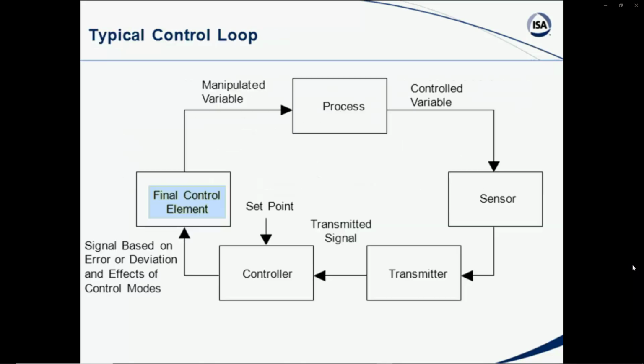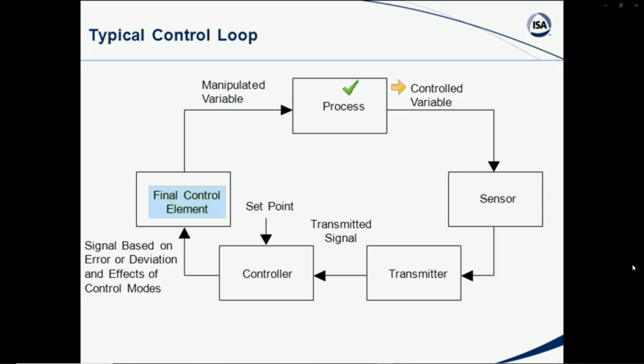If we go back a little bit and look at what we call a typical control loop, we've discussed what the process is and how that's part of the equipment, the pumps, the tanks, vessels, or whatever that make up the changing of conditions of some inputs that gives us some outputs with certain characteristics and certain variables that we're interested in, different process variables that we may want to know more about.